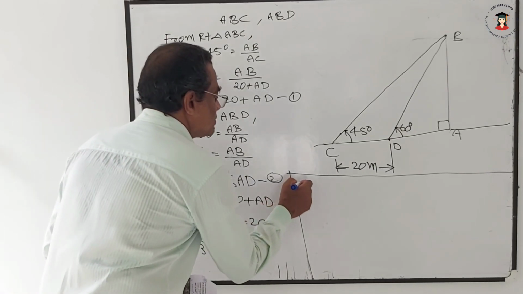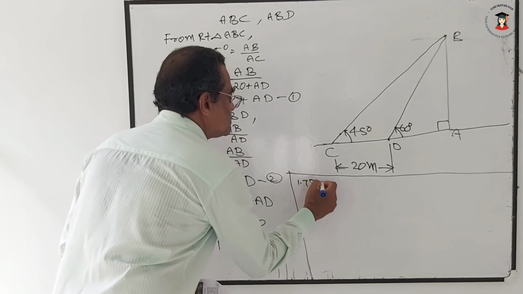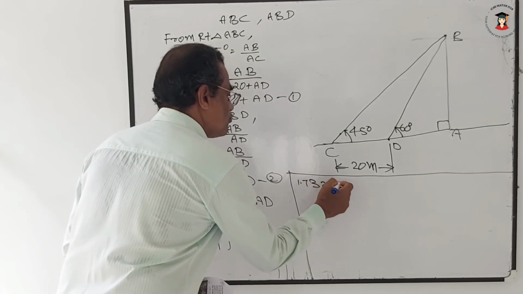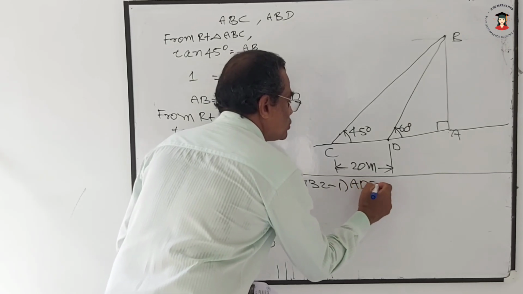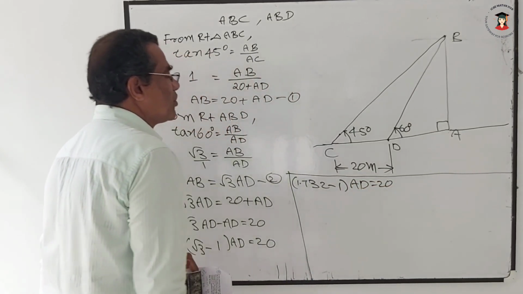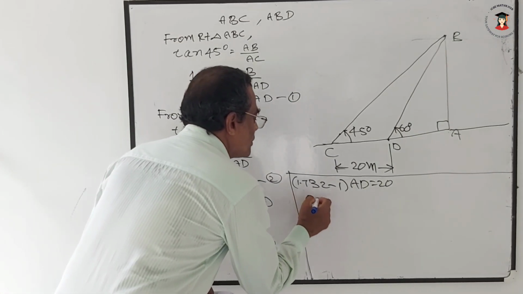Root 3 means 1.732, minus 1, into AD equal to 20. 1.732 minus 1 will give 0.732.